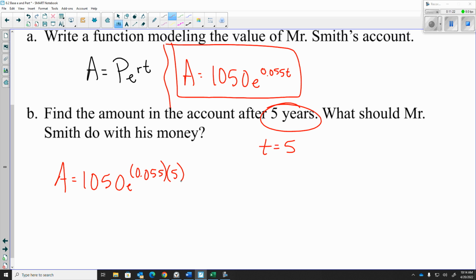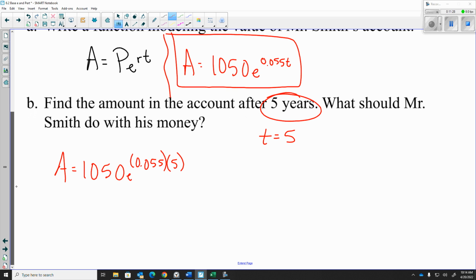So here's where the different calculator that you're using is going to come into play. You need to find the button on your calculator that looks like e to the x. So you can do e to whatever the power is.